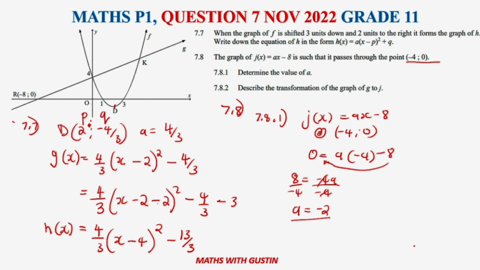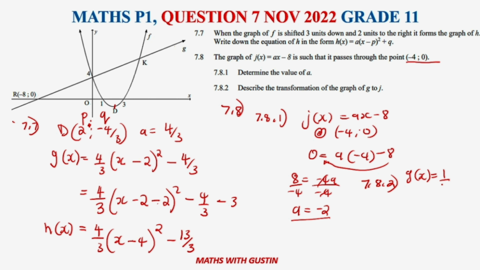And then it says describe the transformation of the graph of g. Okay, so this is the graph of a straight line. Actually, this j is a graph of a straight line. So let's come here, say 7.8.2. So the question said we need to describe the transformation. So g of x, what was g of x initially? g of x was written by this.